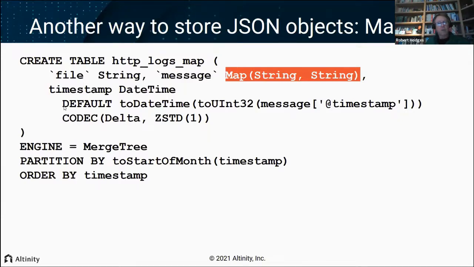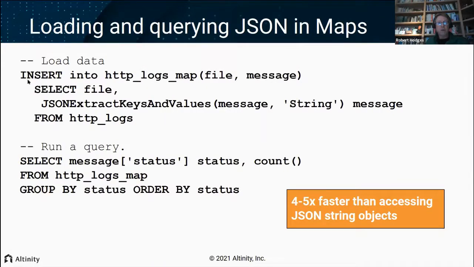So what we have here is a map that maps strings to strings, where the first one is the key and the second one is the value. Otherwise, it's pretty similar to what we had before. Loading this is fairly straightforward. We can copy from our base table, and to load the message into the map, we use JSON extract keys and values.